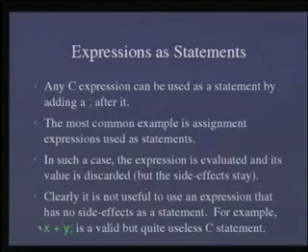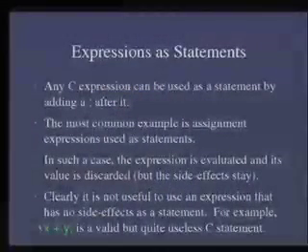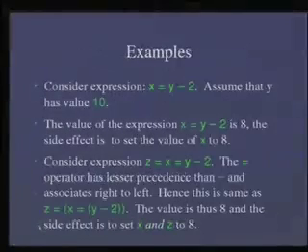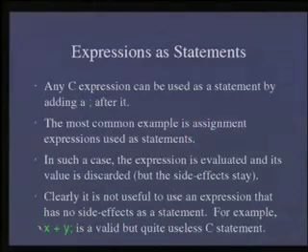Now the reason we were able to use assignment as statements is a general rule in C, which is that any C expression can actually be used as a statement by adding a semicolon after it. So we just saw the expression x assigned y minus 2. If we add a semicolon after this, then it becomes a valid C statement.